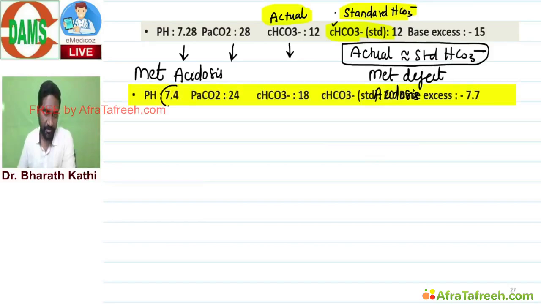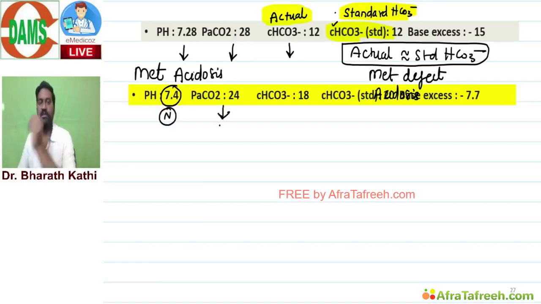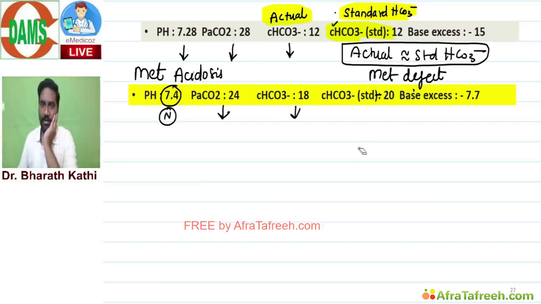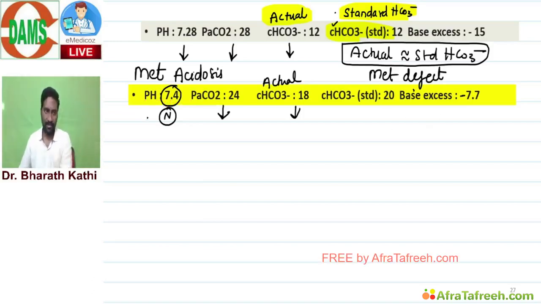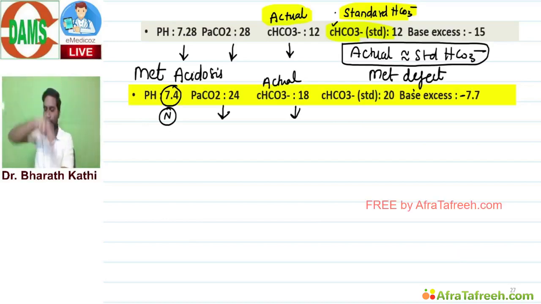Now next question. pH is 7.4, this is a normal value. PaCO2 is decreased. Bicarbonate is also decreased. This is actual bicarbonate. Standard bicarbonate is 20, base excess is minus 7.7. Whenever the pH is normal, the base excess and the actual and standard bicarbonate can help you in evaluation.